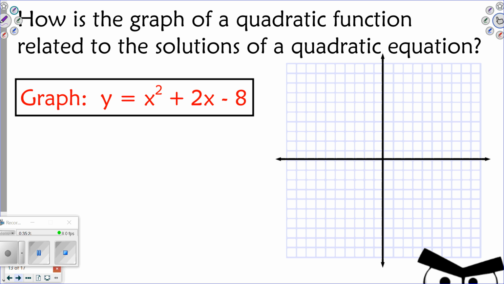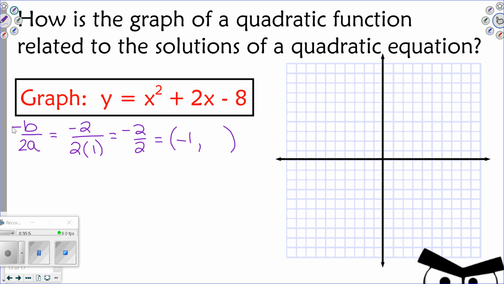So if I graph it, again, I got to start with negative b over 2a. So we're still practicing here. So negative b would be negative 2 over 2 times my a value is 1. So negative 2 over 2, which is negative 1. All right, and then we need to figure out what that is.